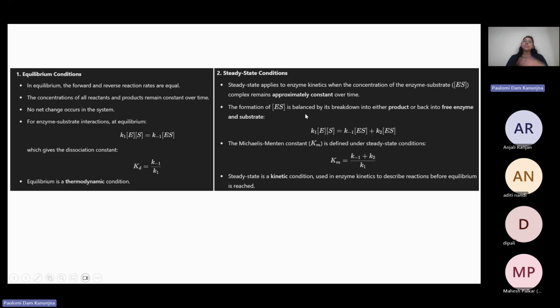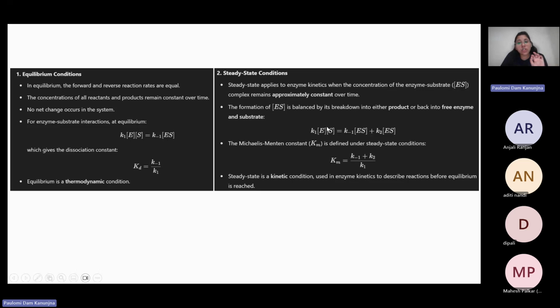While in steady state, which is what enzyme kinetics uses as an assumption, the assumption applies to the concentration of ES complex, the enzyme substrate complex. The assumption here is that the enzyme substrate complex is constant over time. In the forward direction, it is formation of ES complex. In the reverse direction, it is breakdown of ES complex.